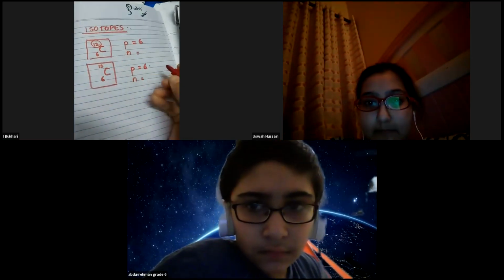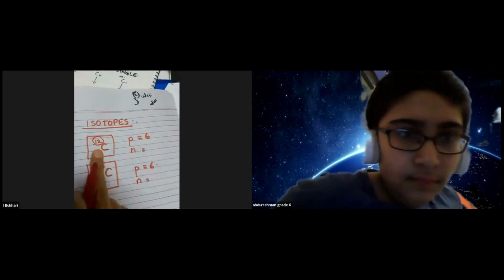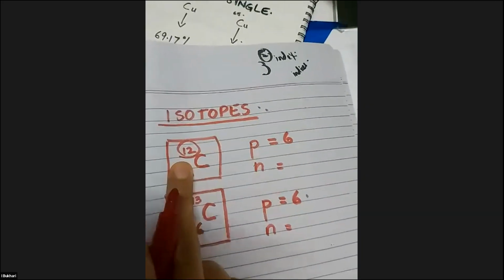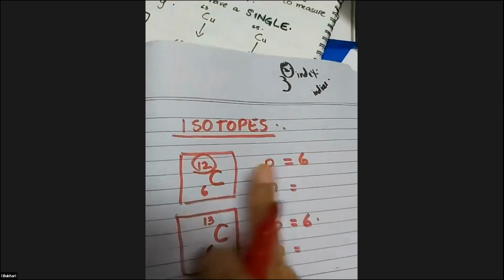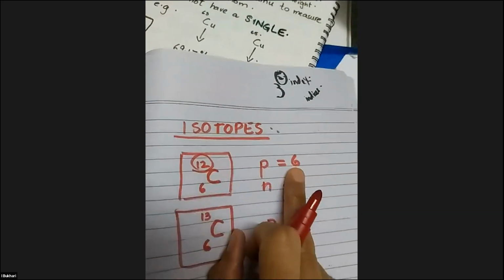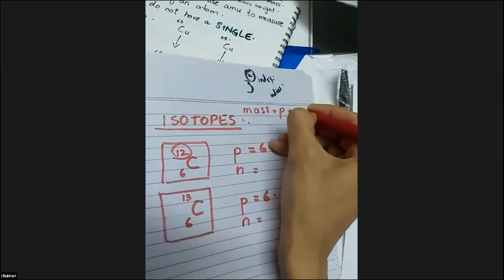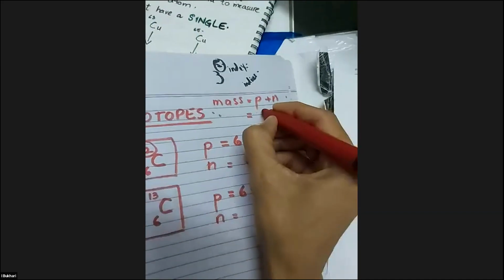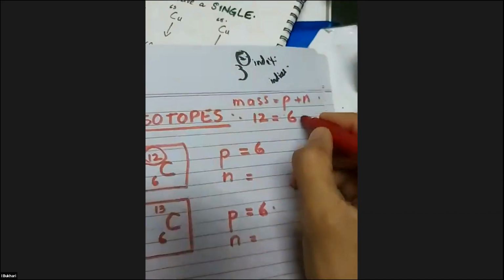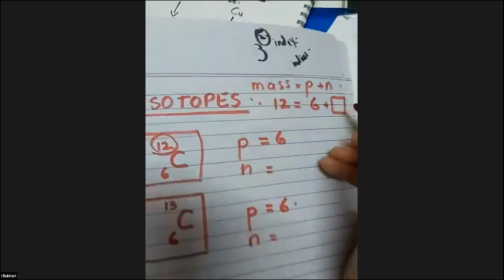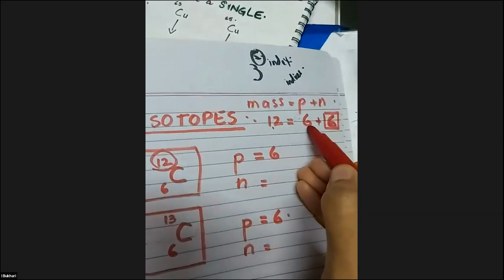The mass here is 12. As a few students, Sariha and some others, calculated, the number of neutrons is the difference between the mass number and the number of protons. Why? Because mass is the sum of protons plus neutrons. So if protons are 6 and mass is 12, then neutrons must be 6, obtained by subtracting 6 from 12.